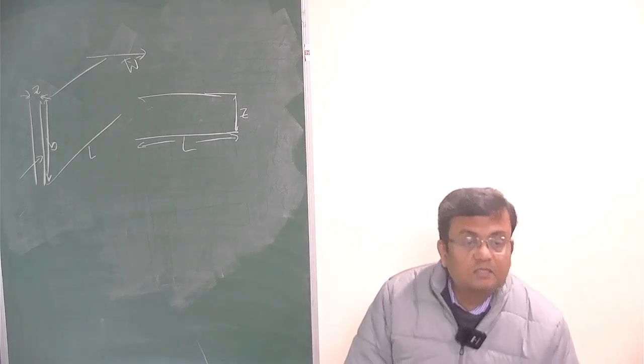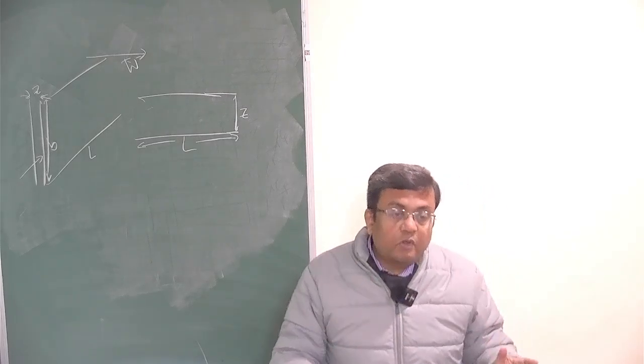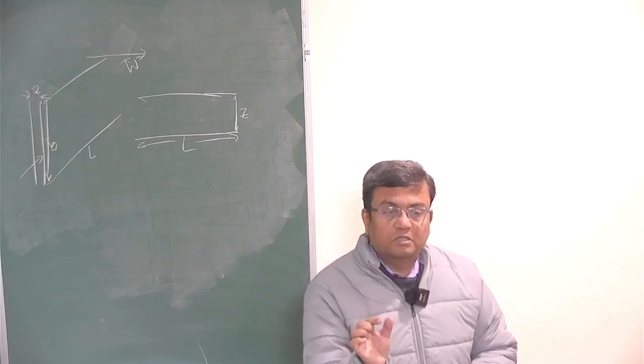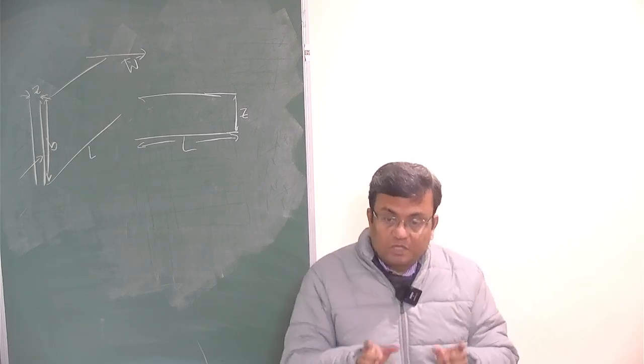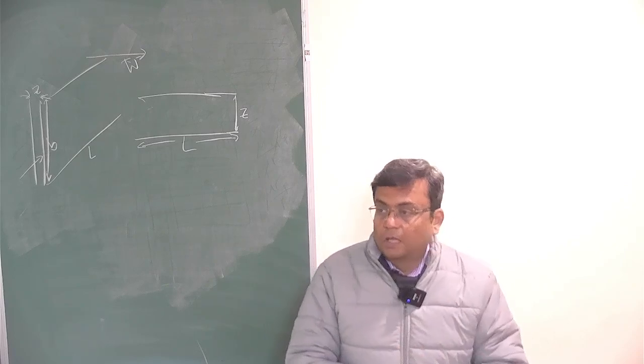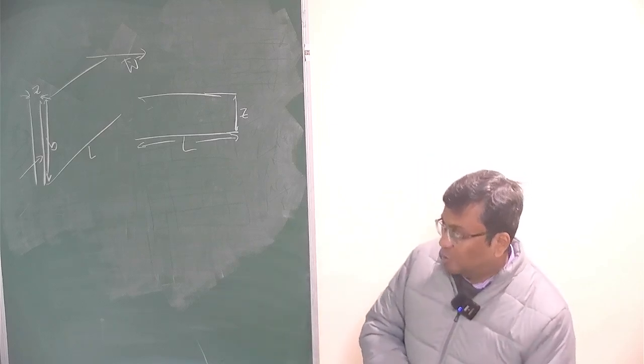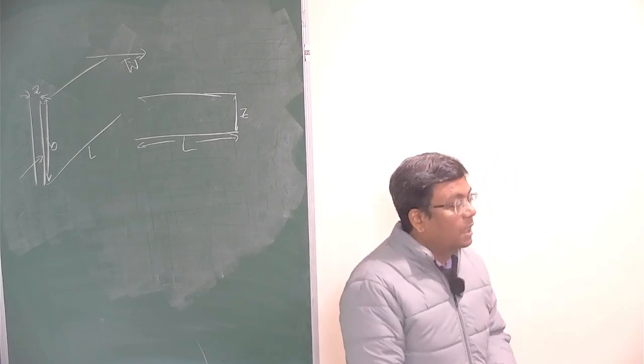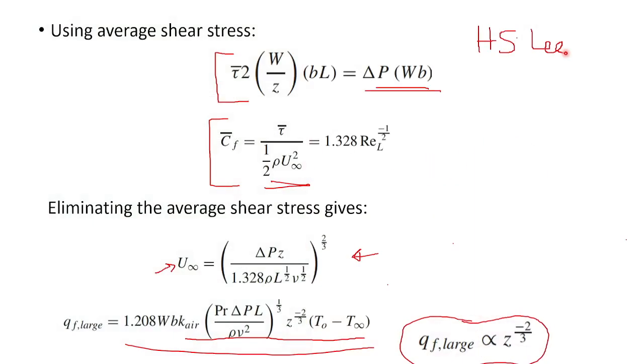So the optimization is for the total heat transfer from an array, not from one channel. It's not one channel optimization. It's for that whole array, which has got multiple channels, right? So that we are doing for small channel array as well as large channel array. So think about this approach.